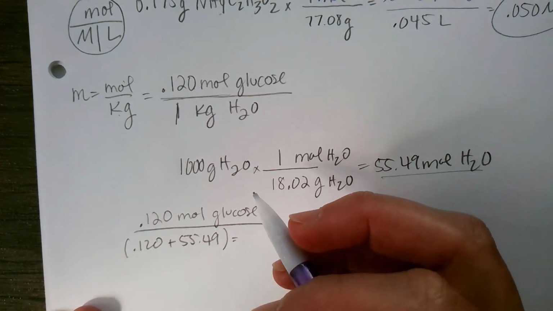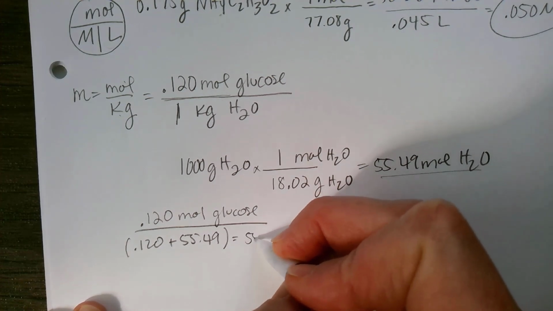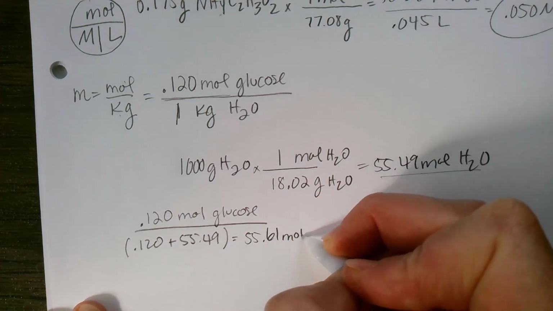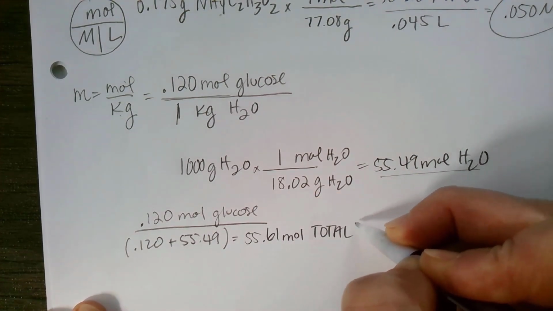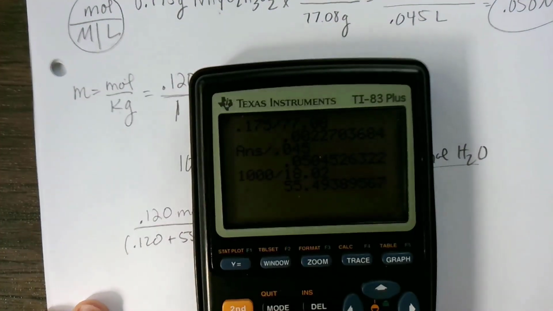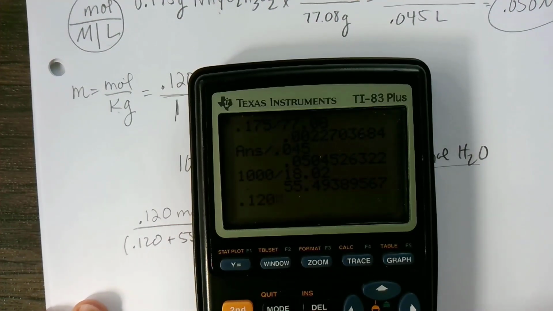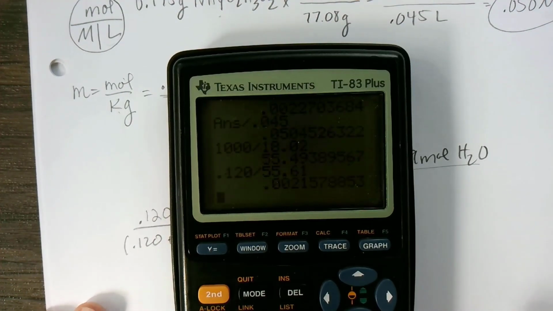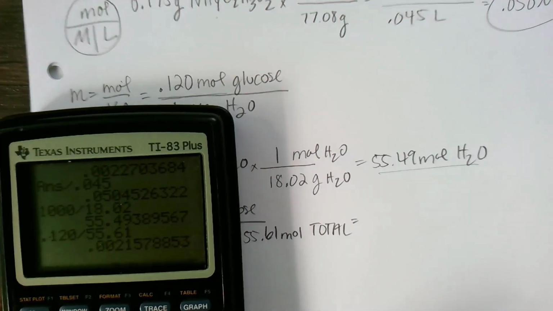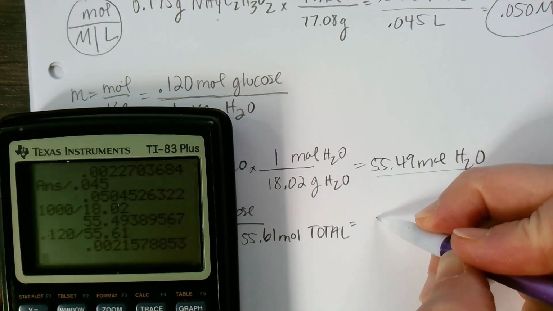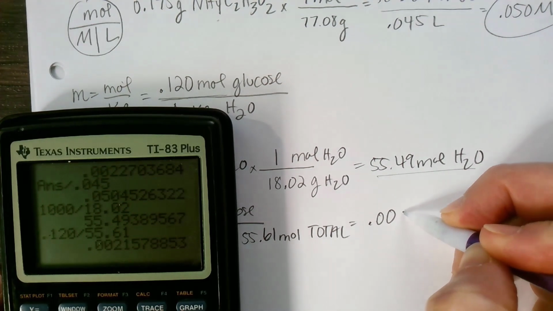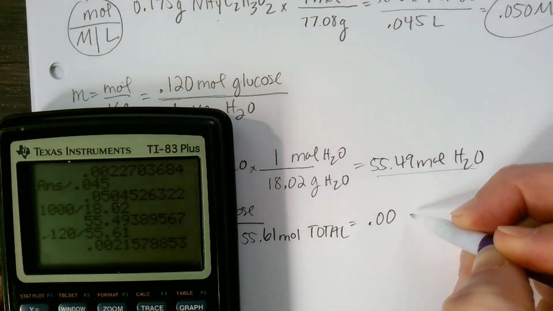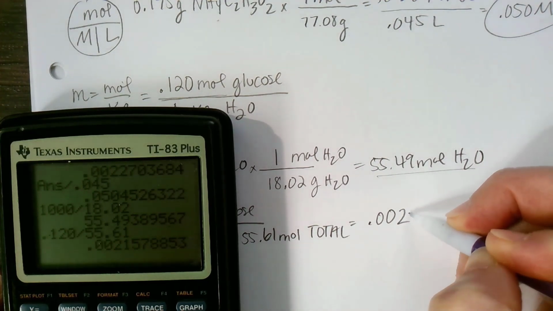What does that give me? 55.61. That's our total. So 0.120 divided by 55.61. So my mole fraction for glucose will be 0.00, how many sig figs? 3,216.